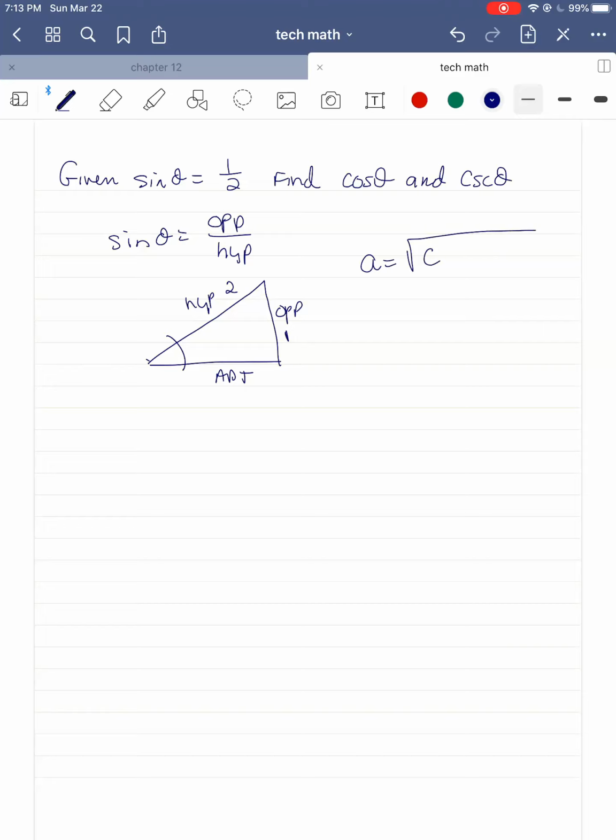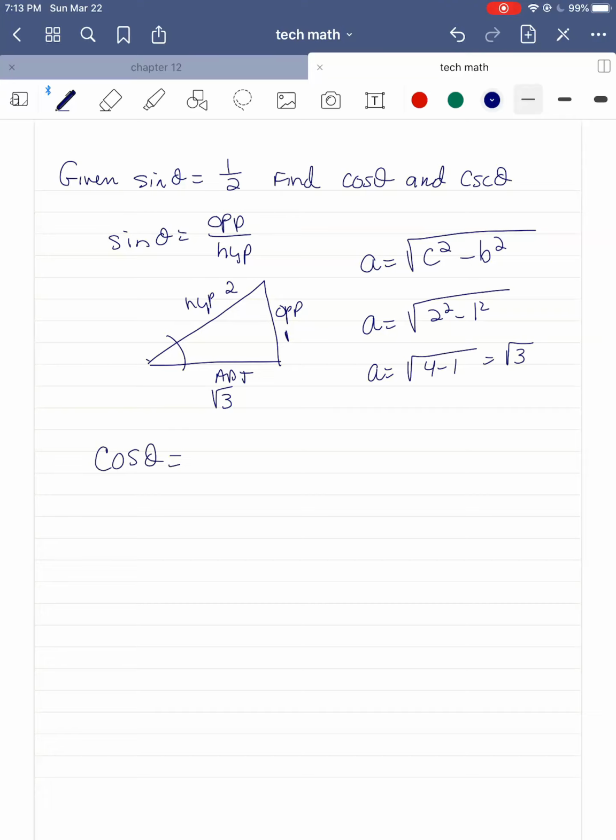So I'm going to use a is equal to the square root of c squared minus b squared. So a is going to be 2 squared minus 1 squared. So square root of 4 minus 1, which is the square root of 3. So the adjacent side turns out to be the square root of 3.